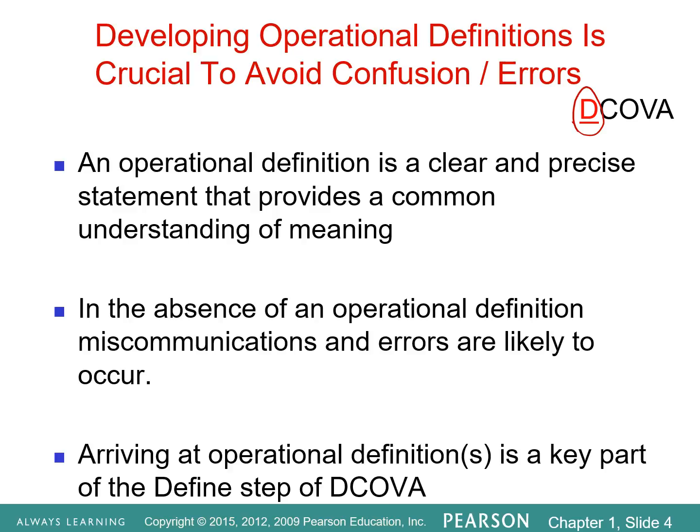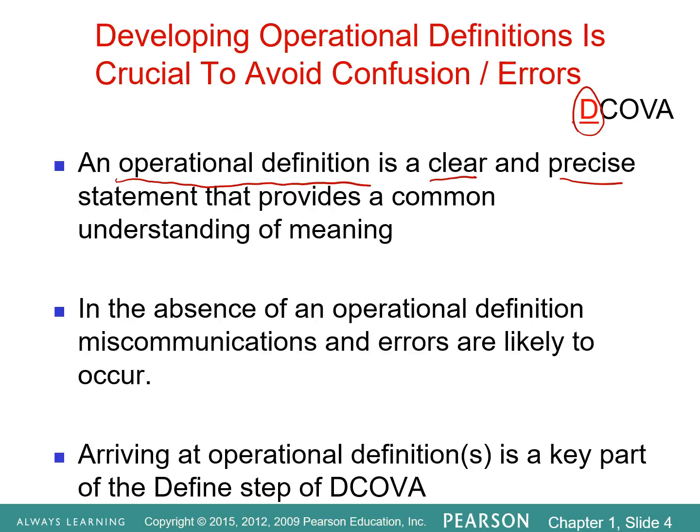So one important thing is having an operational definition. If you're going to do a study, you need to make sure that you're defining your data clearly and precisely. You need to discuss that maybe in an abstract, or at some point in your study.